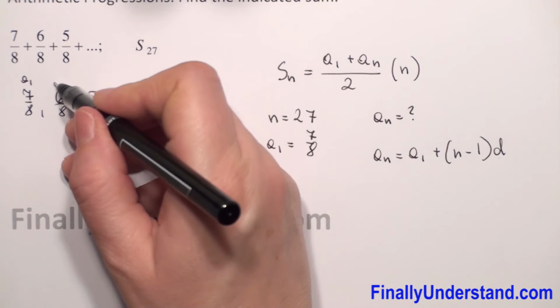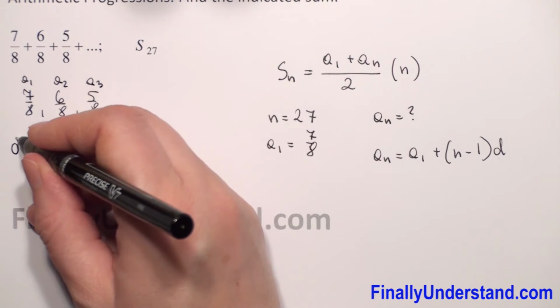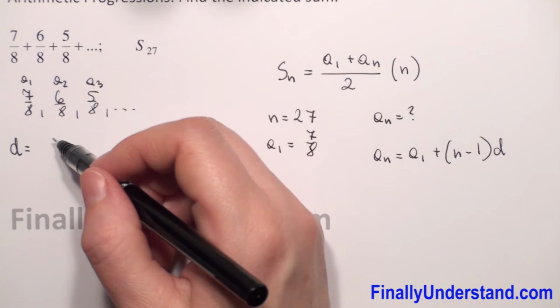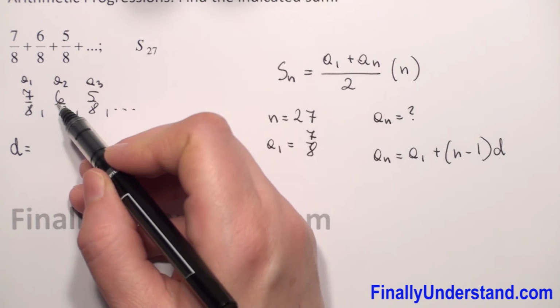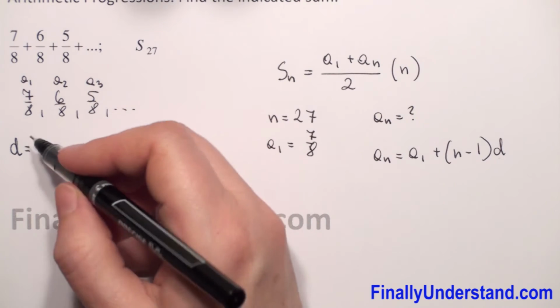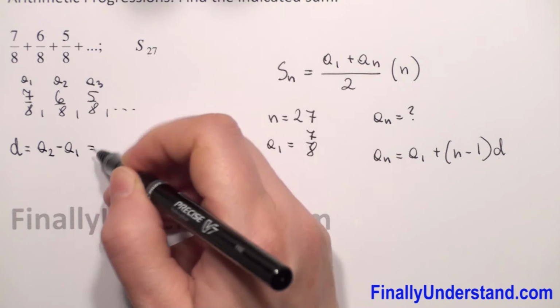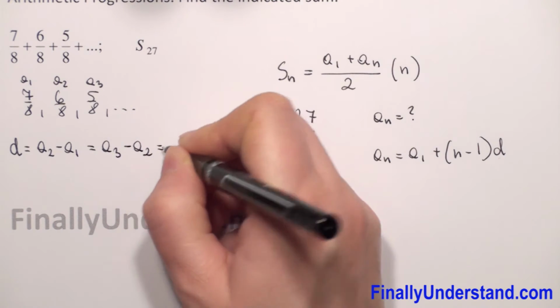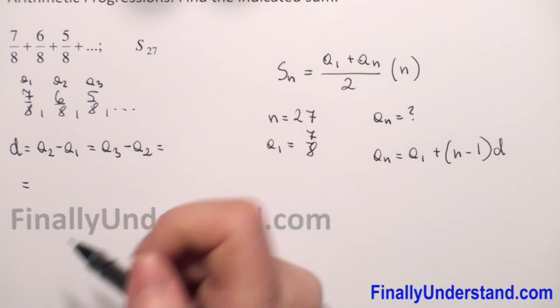When we have the first term, second term, third term, we choose 2 consecutive terms and subtract the first one from the second. So we can choose a1 and a2 or a2 and a3. So it will be a2 minus a1, or you can choose a3 minus a2. The difference is the same, it's constant.